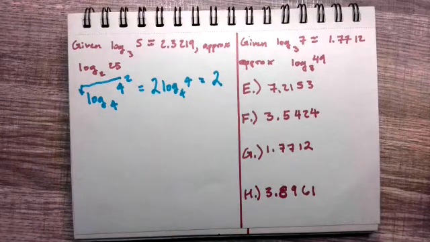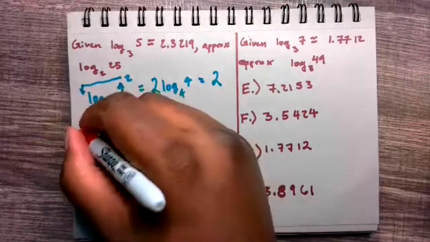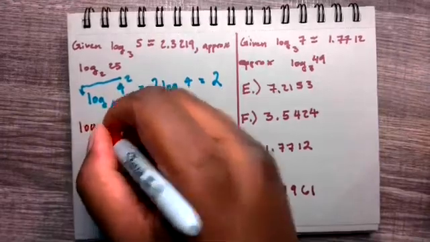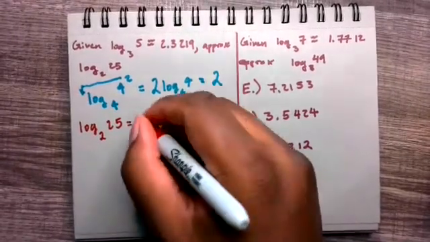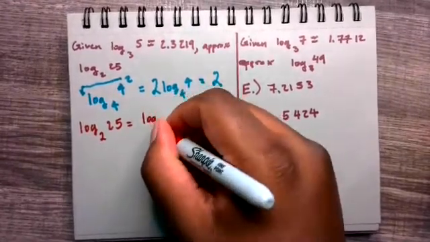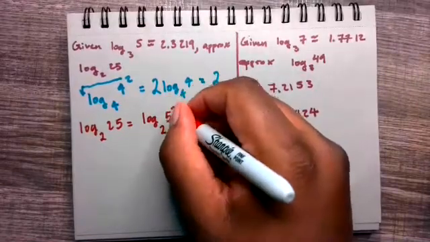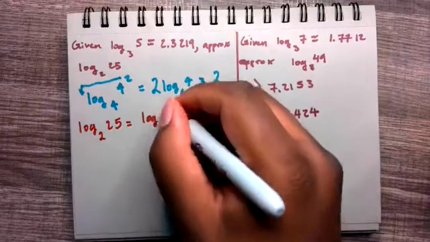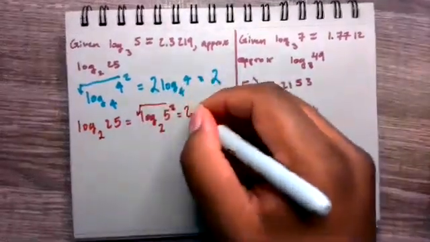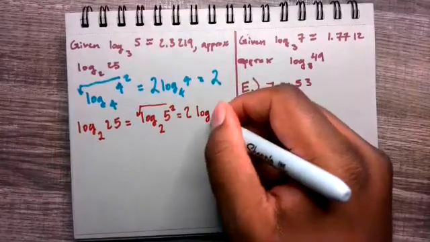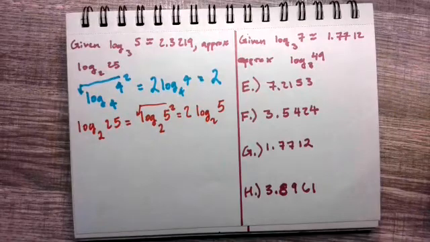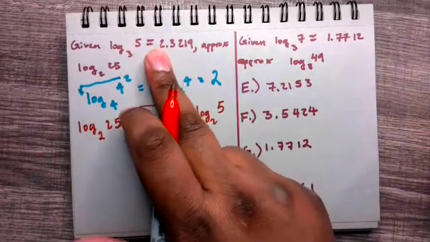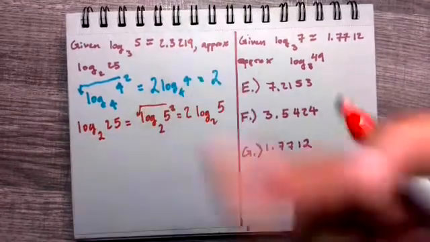All right. So if we have log base 2 of 25, we know 25 is 5 squared, so we can say log base 2 of 5 squared. We can then chop the log and say 2 times log base 2 of 5. Now we already know log base 2 of 5 is approximately 2.3219, right?